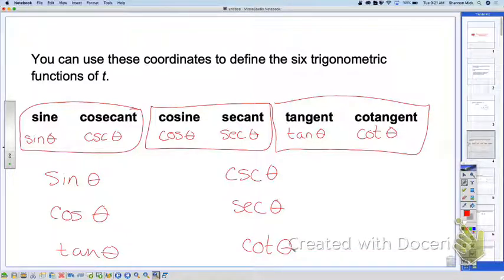Because sine and cosecant are reciprocals of each other. So if I know one of them, do I know the other one? Yes. Okay, so what happens is I tell you only worry about the sine, cosine, and tangent. And then remember that sine goes with cosecant, cosine goes with secant, and tangent goes with cotangent. So I go from having to remember 6 things down to what? 3.